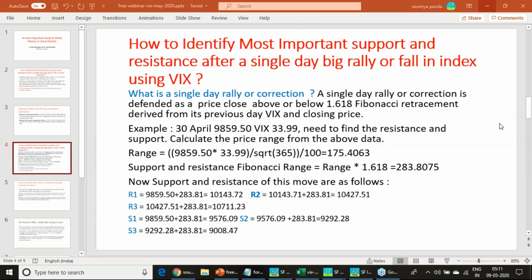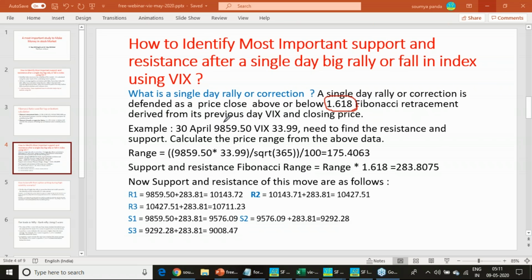Any day the price closes above the 1.618 Fibonacci retracement derived from its previous day VIX and closing price is known as a single day rally or fall. I'll show you in an Excel sheet also.